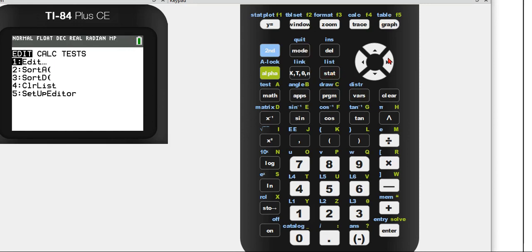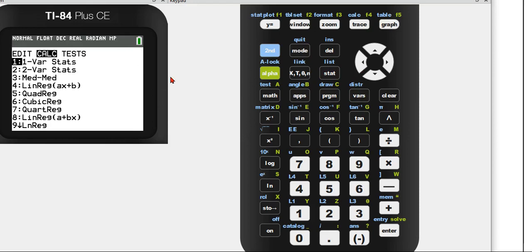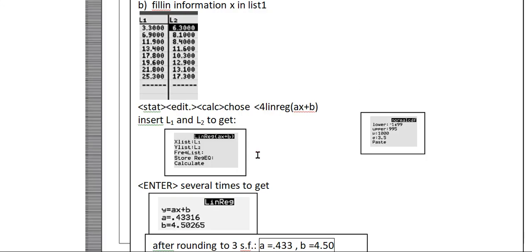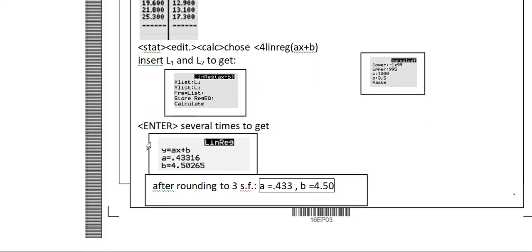This time, we go to calculate, and what we need is line 4, linear regression. X list should be L1, Y list should be L2. Frequency list you don't need now, so you can calculate. After calculation, everything is shown printed here.